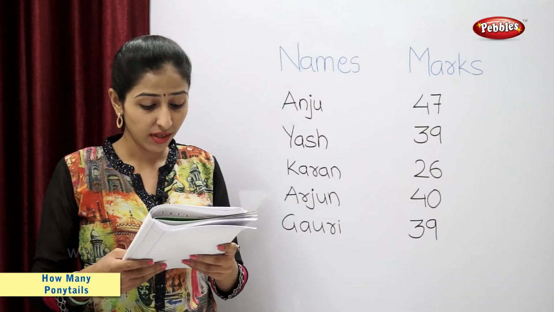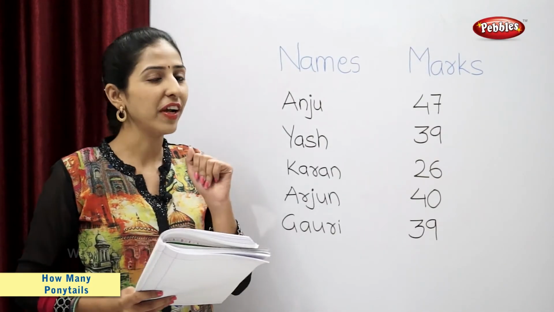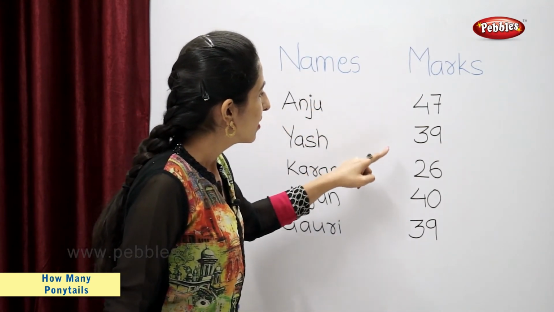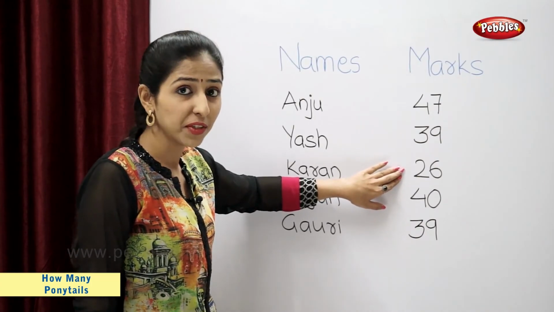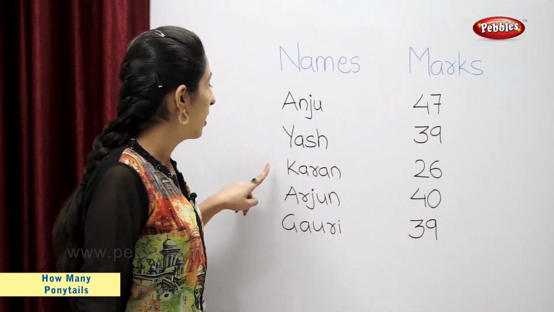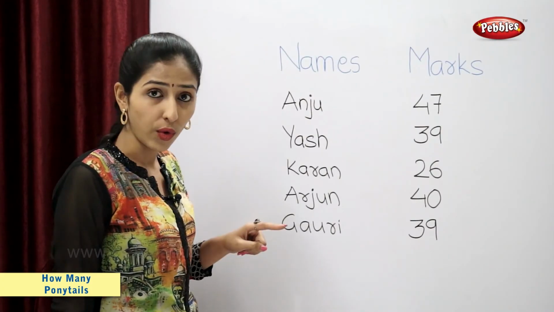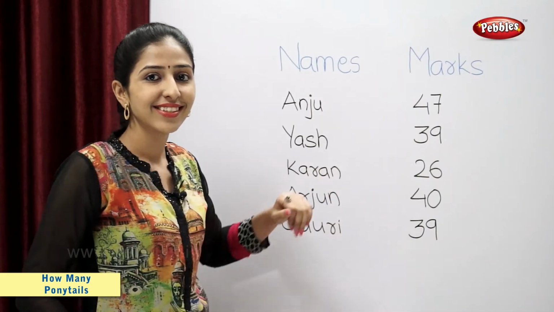Tell me, students, who scored the lowest marks? Let's find this out. 26 are the lowest marks. And Karan scored 26 marks. So, Karan scored the lowest marks.